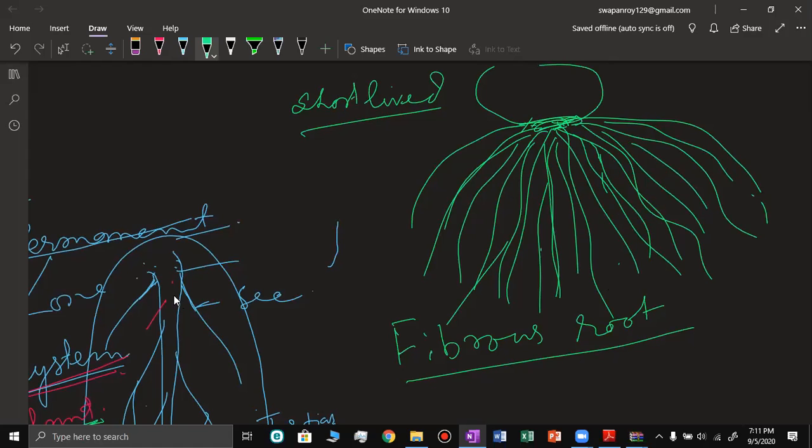All are coming out from the same place, and there is no main root. But in the taproot, you can see a very thick one which is the main root, and then it gives out the branches. This fibrous root system is the characteristic feature of monocot plants.